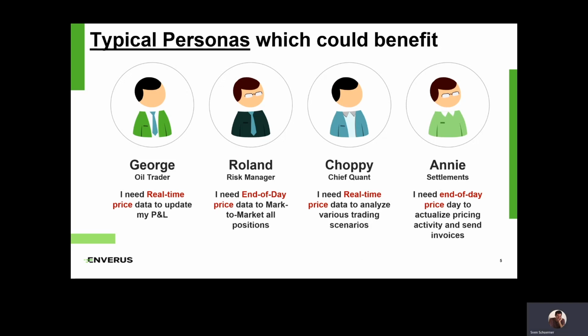And then last but not least, in the back office area, so invoices, confirmations, a daily process where those documents have to be generated and sent out, end of day prices are needed there as well on a regular basis, on a daily basis at least. And that's another place where an API interface could feed that system, whether it's an ETM system or an ERP system, and could bring the data in there quickly from the MarketView database.